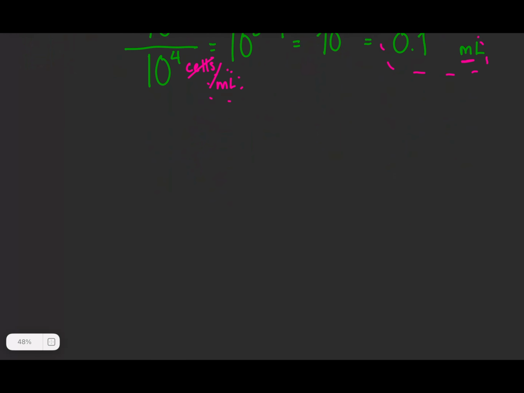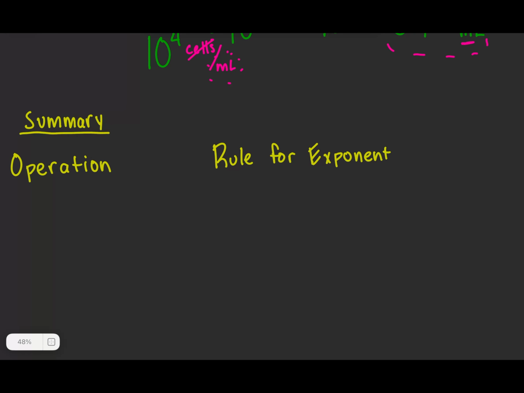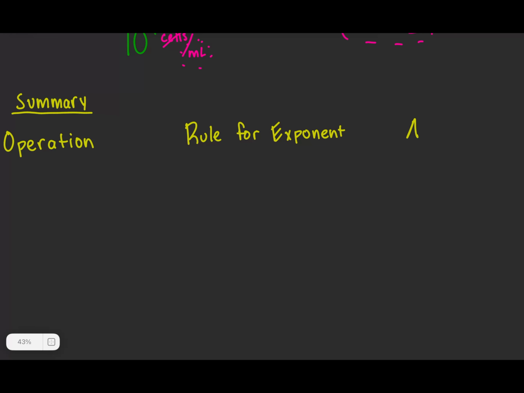So let's just do a summary table down here. We have our operation, we have our rule for that exponent, and then for the sake of going through everything, we have the algebraic example here.